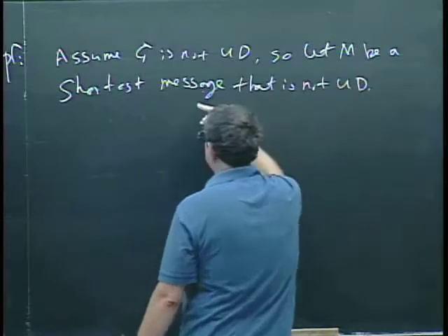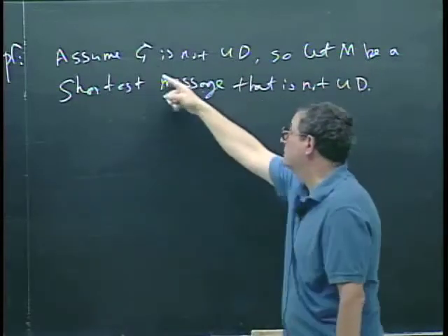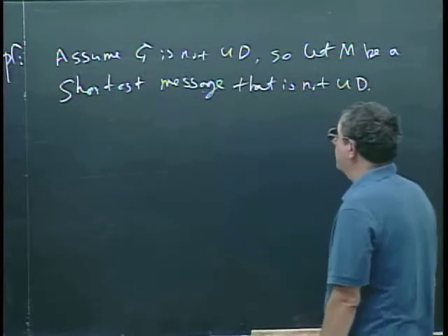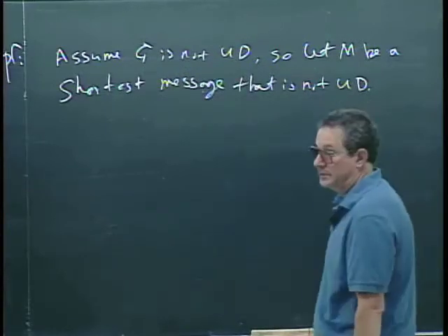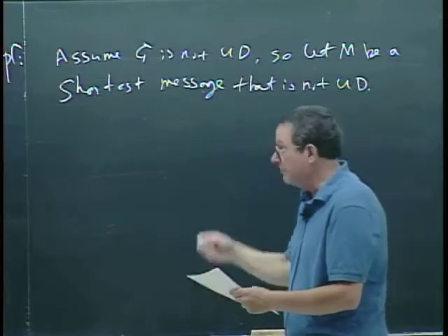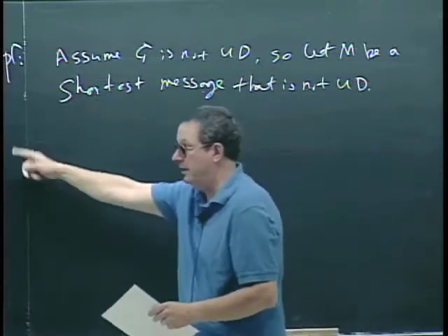And of course, it's a message made from the code words in C. And it's the shortest of overall possible messages that are not uniquely decipherable. And from that, we're going to show that such a path exists.